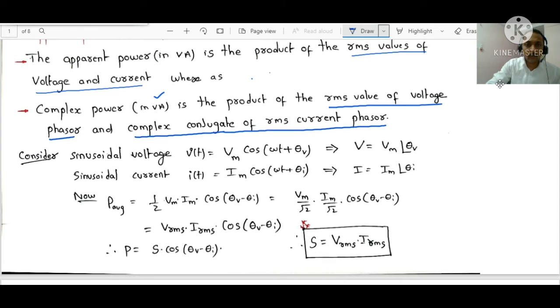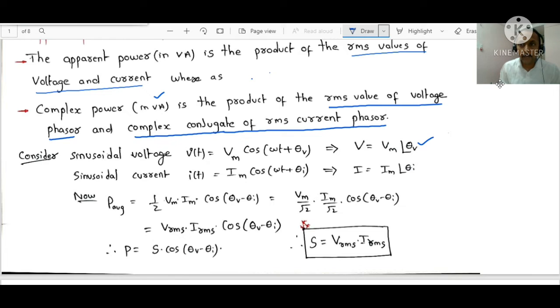Now see here, already we have completed the sinusoidal representation, the first topic of AC circuits. If you have voltage v(t) equal to Vm cos(omega t plus theta v), this is the sinusoidal representation. And also we have completed phasor representation. In phasor representation, we denote it with capital V equal to Vm at an angle theta v, where Vm indicates the peak value.